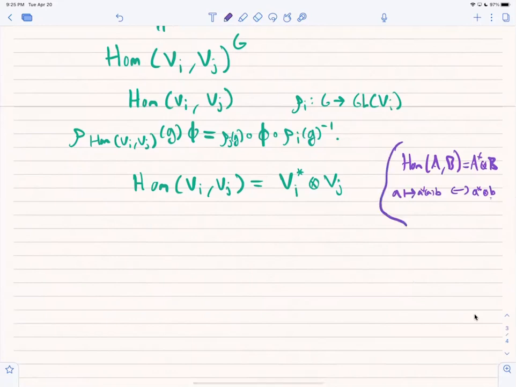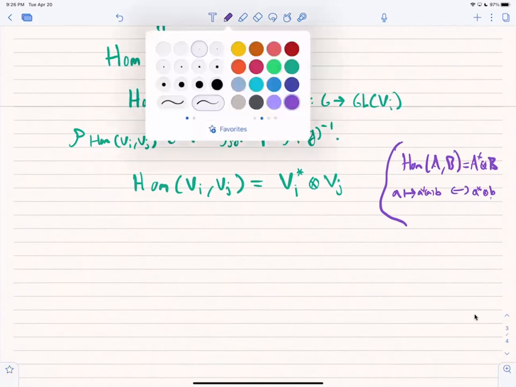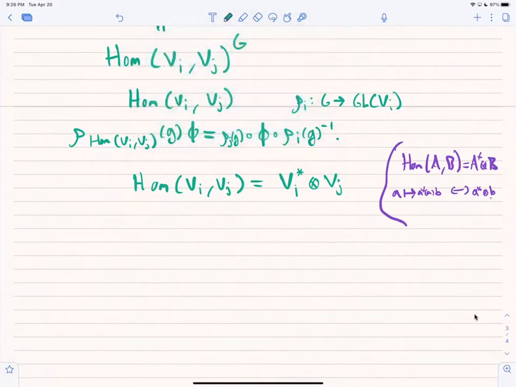It's not like I've fixed a dual basis or anything. So this is an identification between these two vector spaces, but the point is that if these both have representations of G, then this is an identification as G representations.